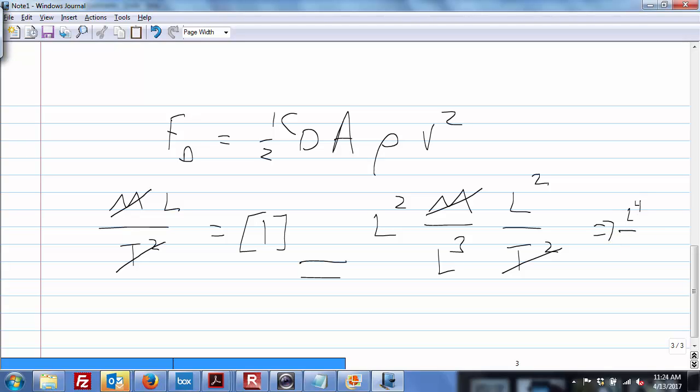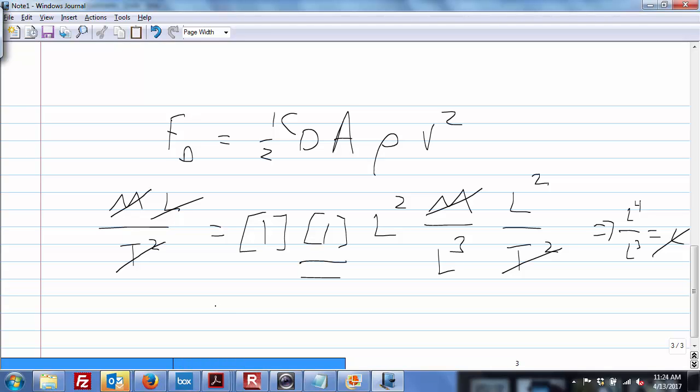L to the 4th power over L cubed equals L. Now we can just scratch the L out. So, what are the dimensions of C sub D? What are the dimensions of the drag coefficient? I don't have any dimensions left. It's got to be 1. It's dimensionless. The drag coefficient is dimensionless.